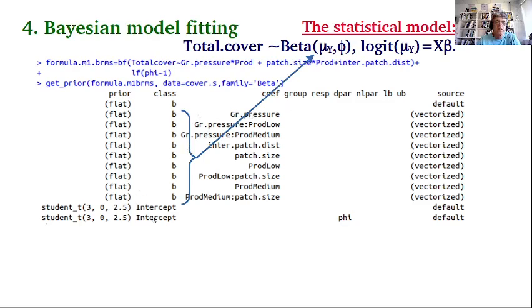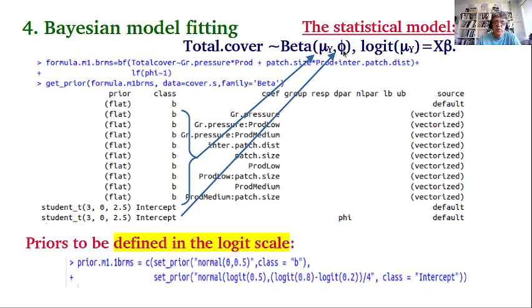Here are the intercept and all the coefficients of class b, reflecting either differentials of intercepts, differentials of slopes, or slopes for the reference value of productivity. This will all determine the mean of the response variable in the scale of the link function. And the other parameter, phi, corresponds to the dispersion parameter of the beta distribution. I'm going to define these priors on the logit scale.